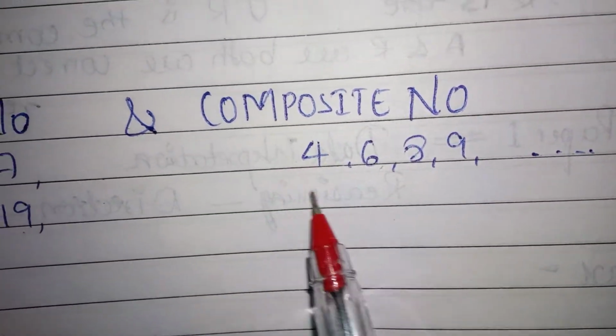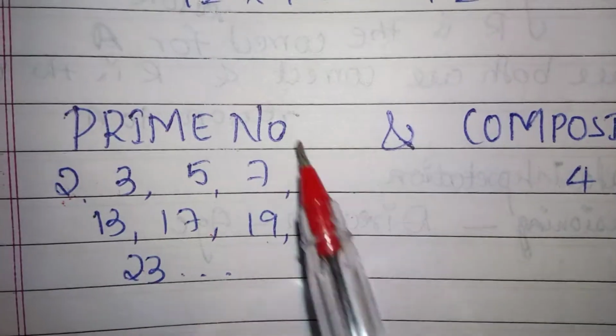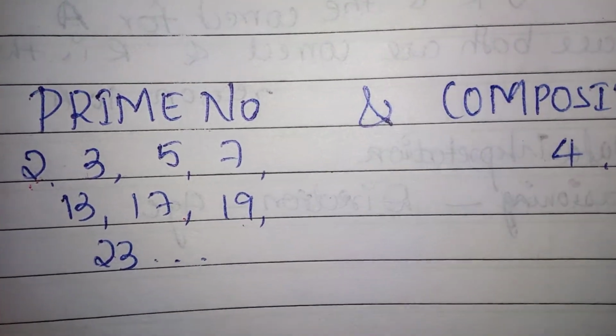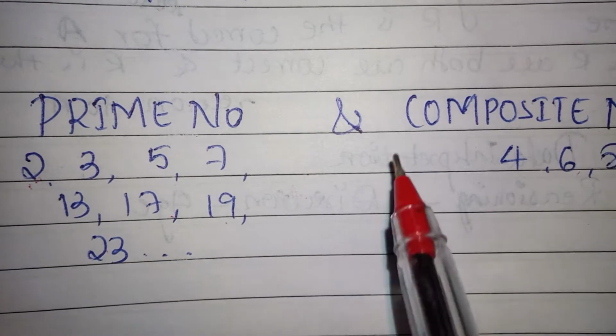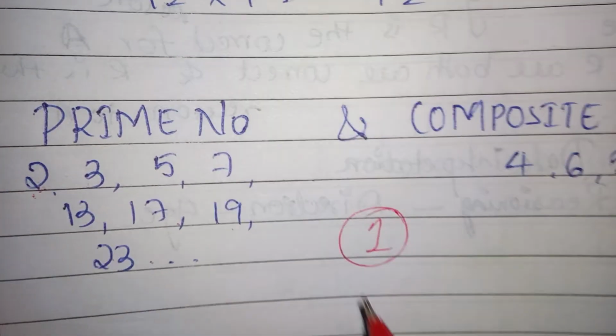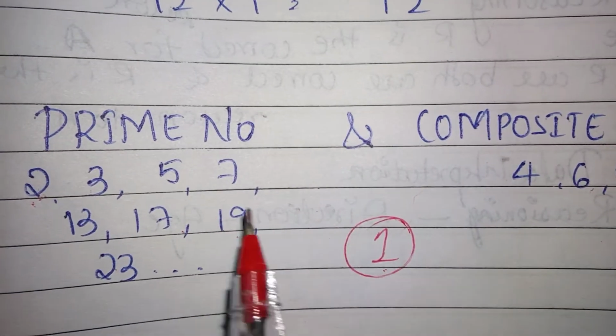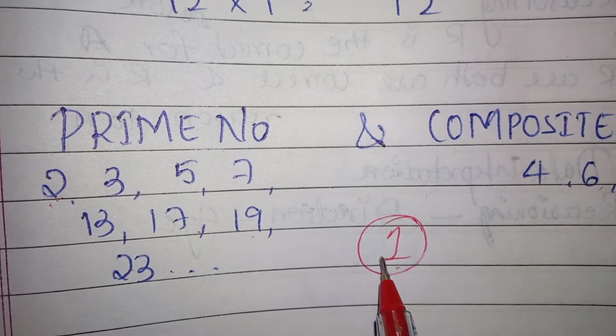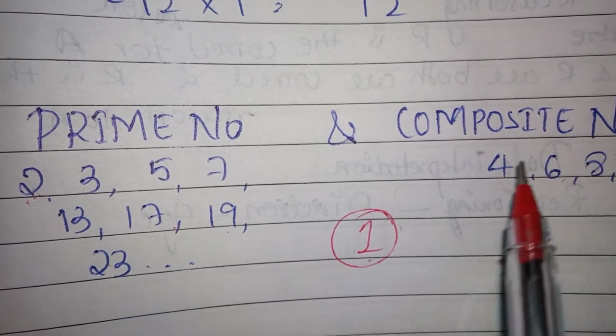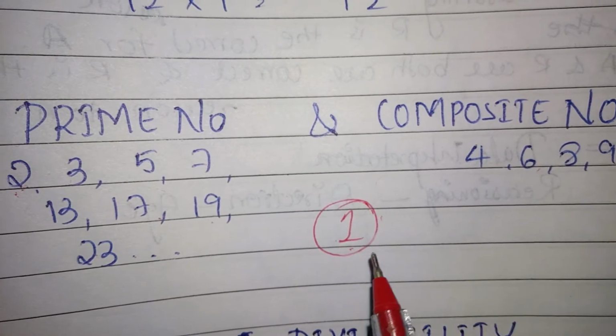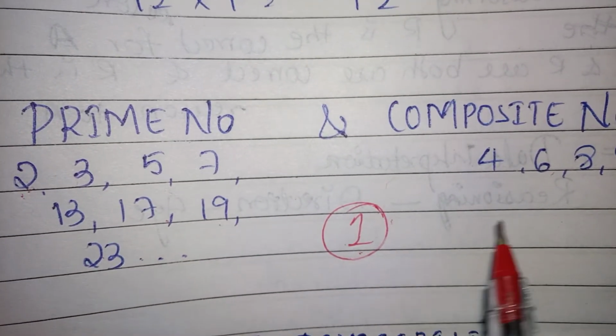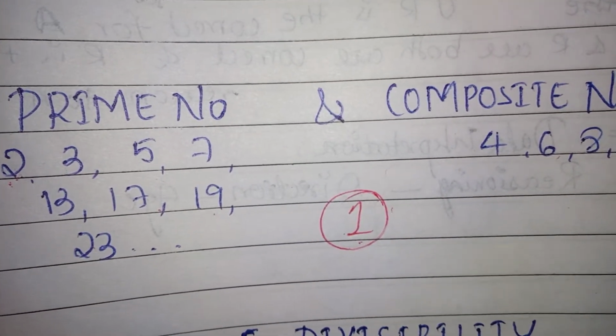These numbers have factors, these numbers do not have factors. And one more is left, that is 1. You may say that 1 is a prime number, but 1 is not a prime number, and 1 is not even a composite number.